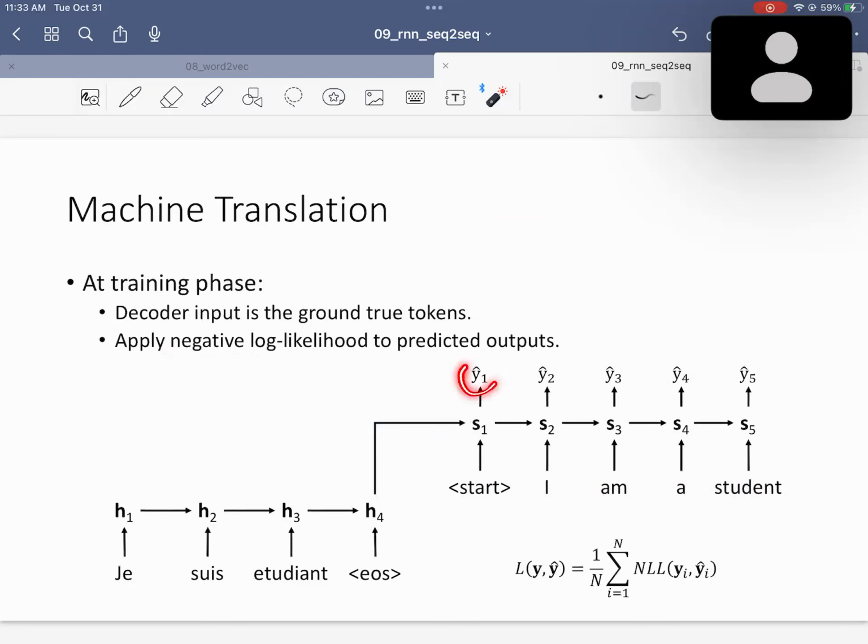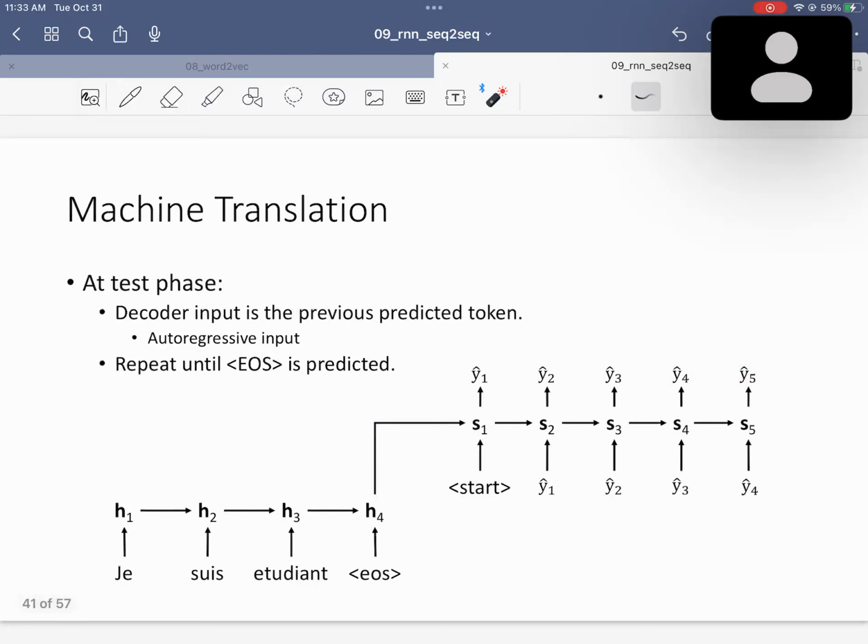So you want y1 hat to be the same as x2, assuming this is x1, and you want y2 hat to be the same as x3, and you want y5 hat to be the same as EOS. You incorporate that in the negative log likelihood function. The number n is 5 here, because there are 5 outputs: 1, 2, 3, 4, 5.